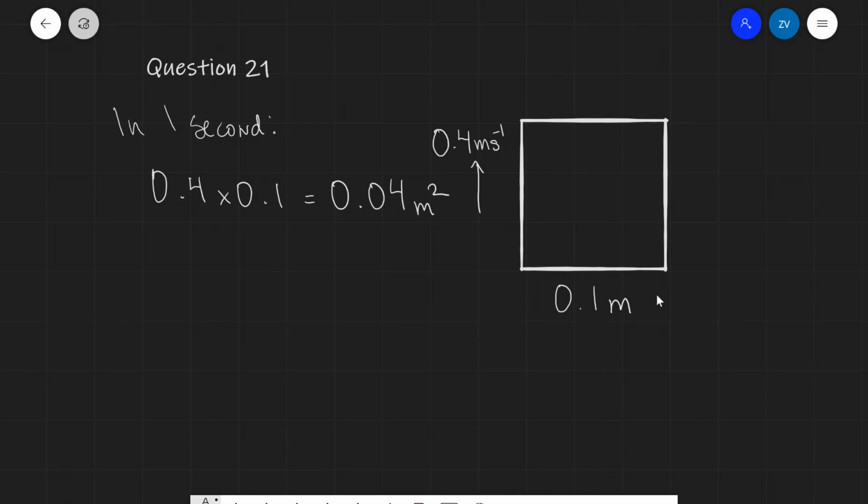Now, because we know that 1 square meter corresponds to a charge of Q, therefore 0.04 is going to correspond to 0.04 Q, therefore the correct answer is B.